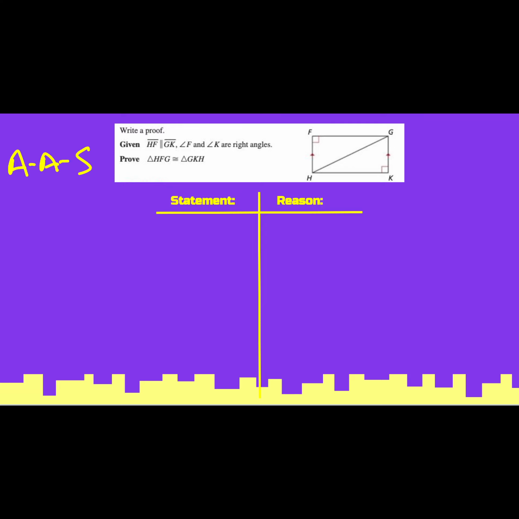Now looking at that picture and the given, why could we not use the hypotenuse leg theorem? What's missing? We have the 90-degree angles, right? We have two right triangles, and the hypotenuse is congruent because they have the same hypotenuse. So what's missing?